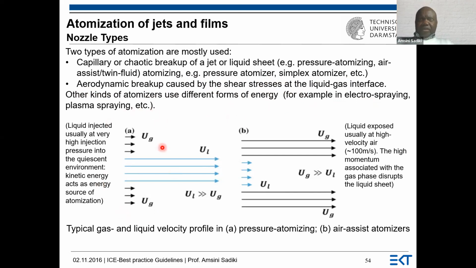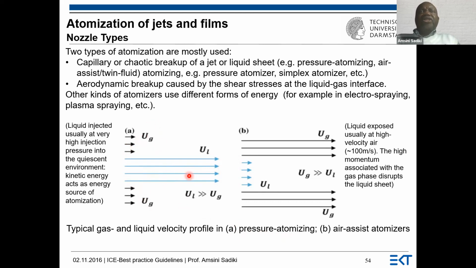But let's classify this in these two parts. So we have first the pressure atomizing system. We have liquid phase, which is spray, which is injected at very high injection pressure into the quiet environment.